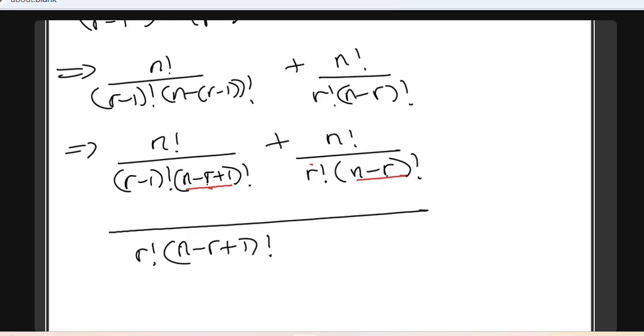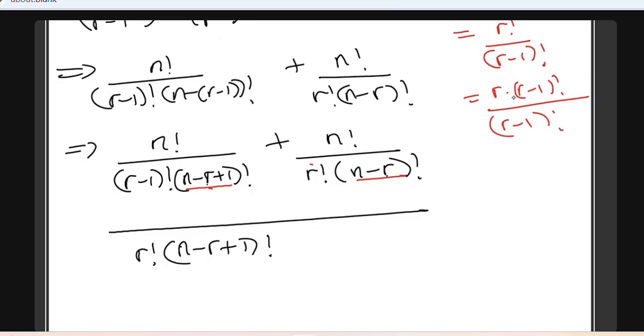Definitely this goes, right? Now you're going to remain with r factorial over (r minus 1) factorial. But if you look at this one, what are you going to remain with? r factorial is the same as r multiplied by (r minus 1) factorial over (r minus 1) factorial. So this and this cancels. So this whole quantity into that is r.